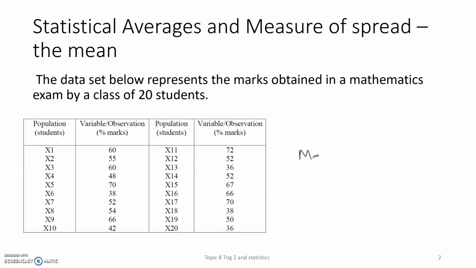So if we add them all up, there's 1084 of them, there are 20, and we could then find that the mean mark was 54.2%. But that's only one way of talking about the average sort of person in that class.